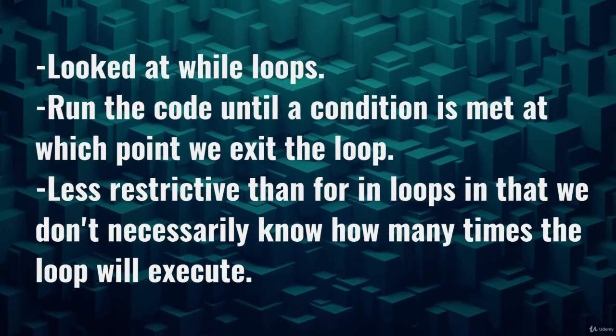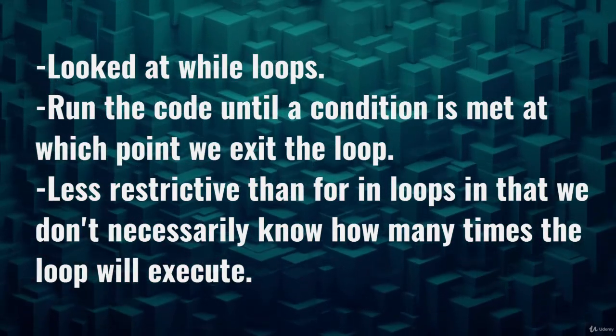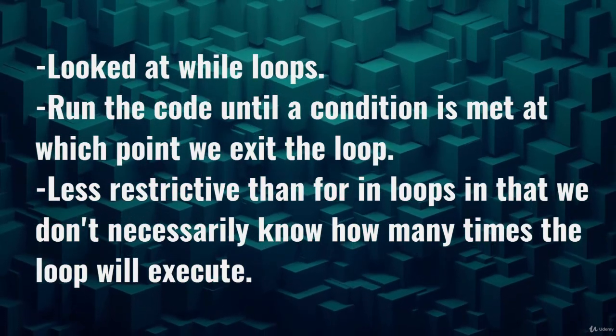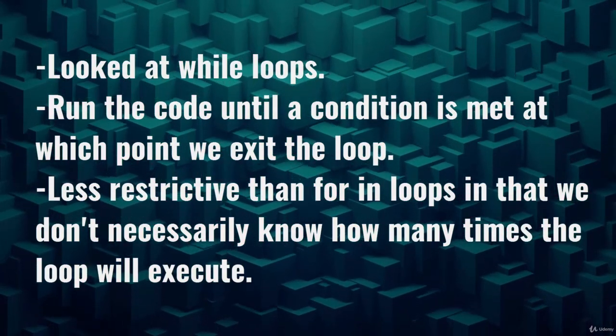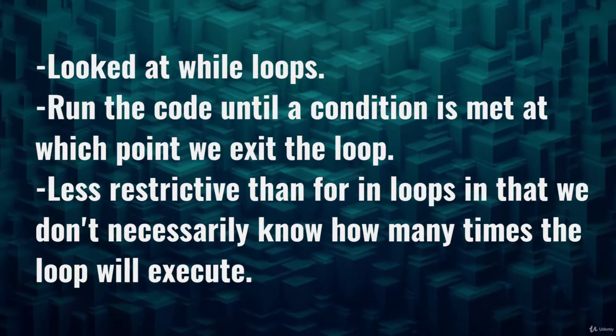So we found that they were less restrictive than for in loops, because we don't necessarily know how many times the loop will execute. With for in loops, we had a very specific start and end point, and we knew it was going to loop this many times exactly, unless a break statement is in there.